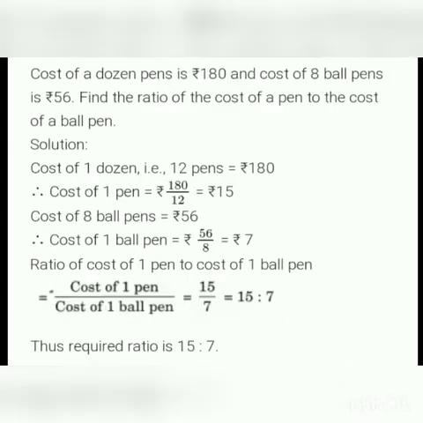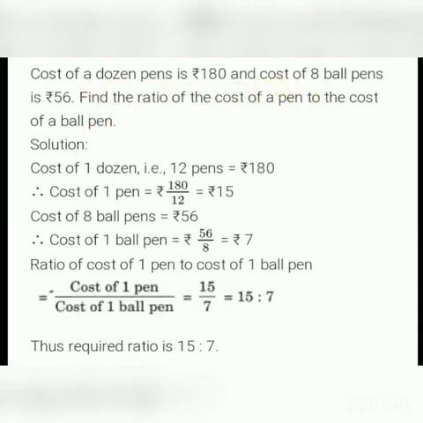Second question: the cost of a dozen pens is rupees 180 and the cost of 8 ball pens is rupees 56. Find the ratio of the cost of a pen to the cost of a ball pen. So what is given here? The cost of a dozen pens and the cost of 8 ball pens are given here.